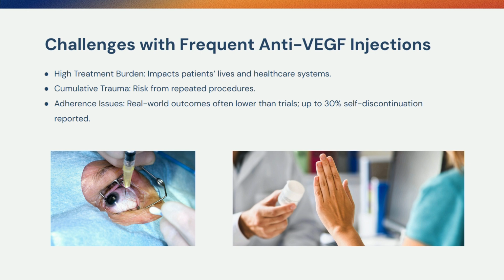So repeated injection, the frequent injection can cause trauma to the eye, to the lens, to the retina, mechanical tear. And more important than that, these frequent visits by the patients can be an adherence issue. So it's reported 30% of the patients stop the treatment on their own. So real-world outcomes seem to be often lower than what clinical trials show.